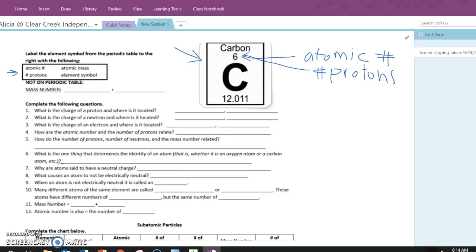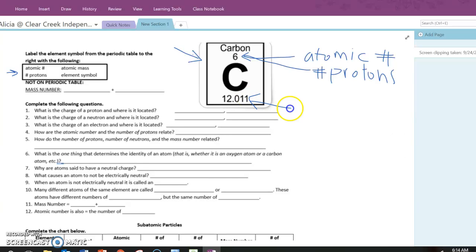That is an element's identity. If you look on the periodic table that you picked up today, or on the one on my table, every single element has a different number of protons. Carbon has 6, nitrogen has 7, oxygen has 8, and that is always the case. Carbon always has 6. That's its identity, okay?